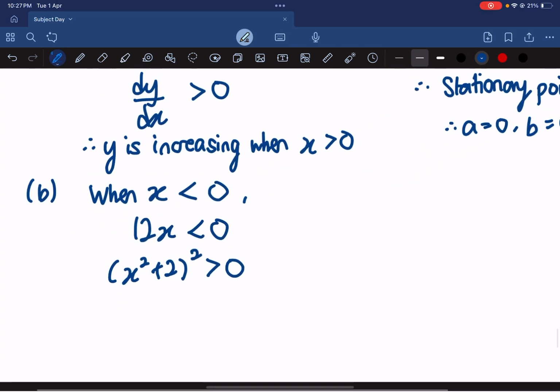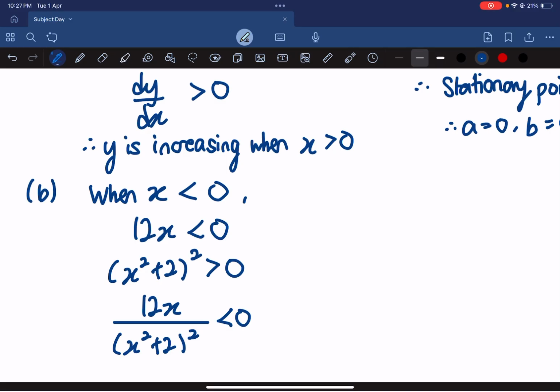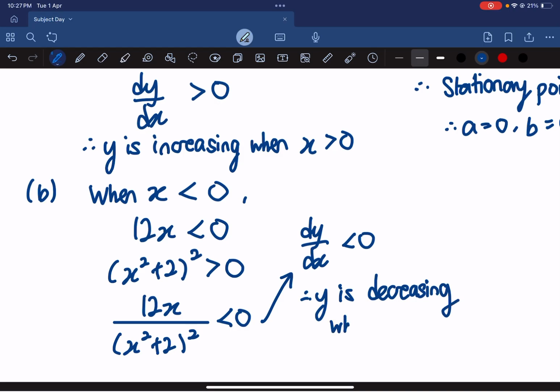Therefore, a negative number divided by a positive number is less than 0, which means that dy over dx is negative. Therefore, y is decreasing when x is strictly less than 0. And this is for part B.